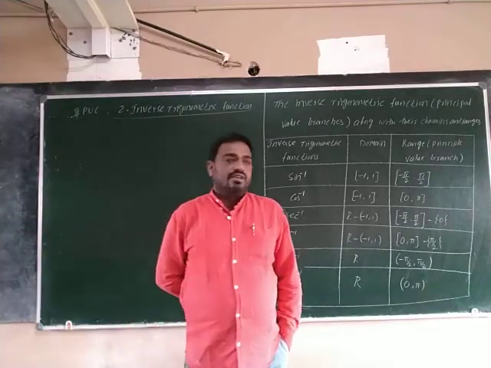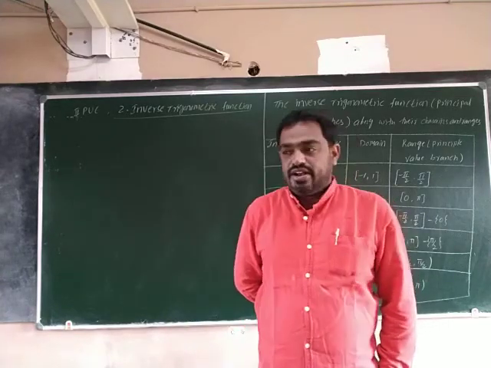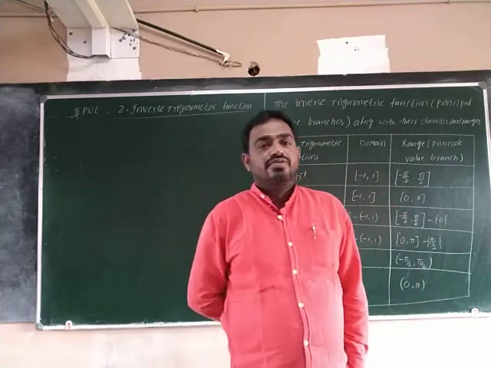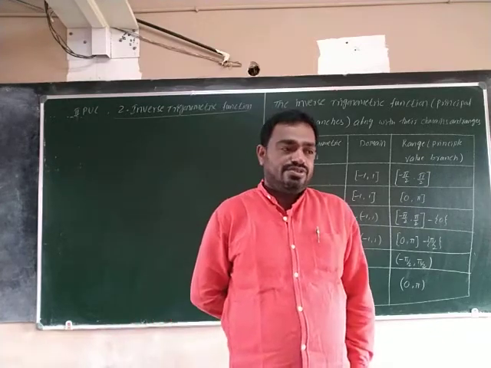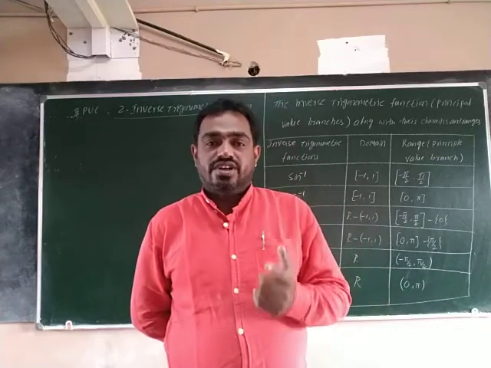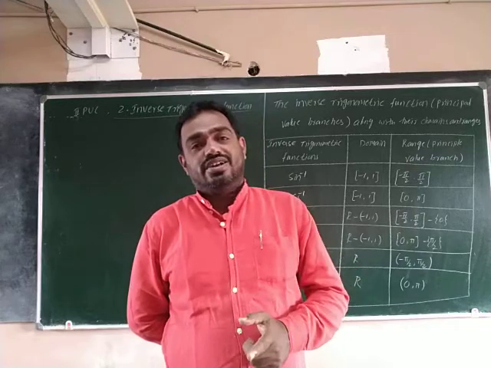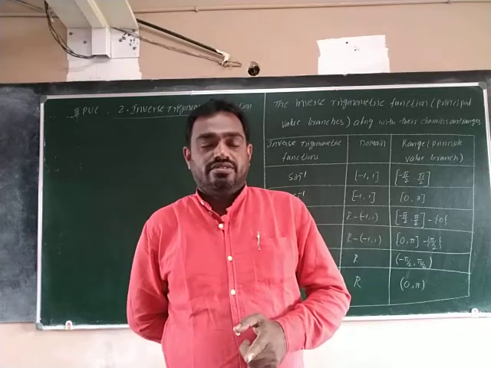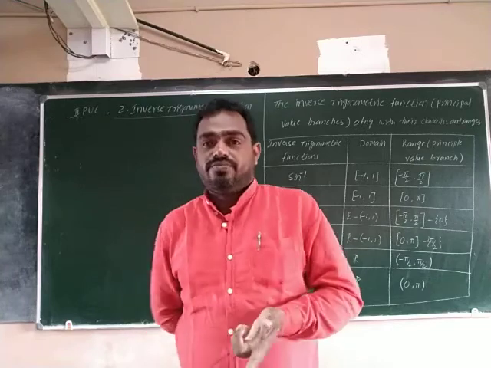See, again I am recalling once. What is the definition of the inverse of a function? When does the inverse of a function exist? A function f is bijective, then the inverse of the function exists. The inverse is denoted by f inverse.